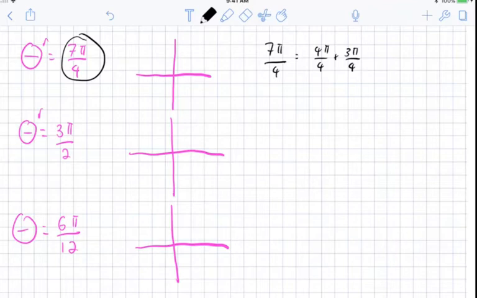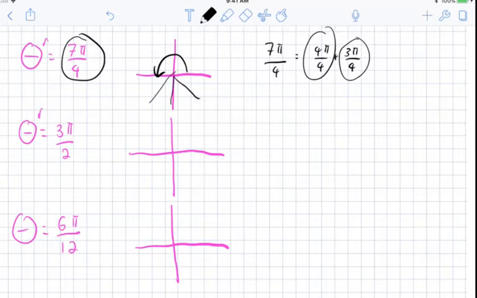So this is all the way around half, and then pi over 4 is us cutting this thing into 4 segments, so it's 3 of these. So 1, 2, 3. This is 7 pi over 4.